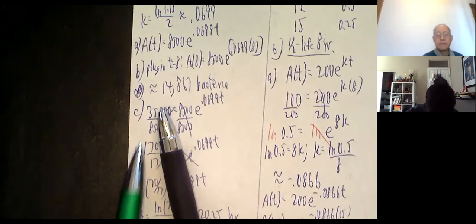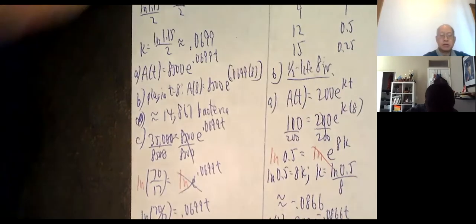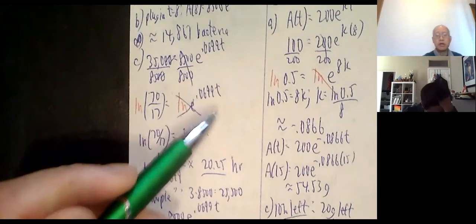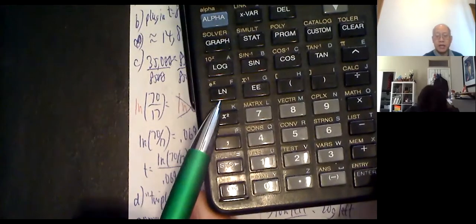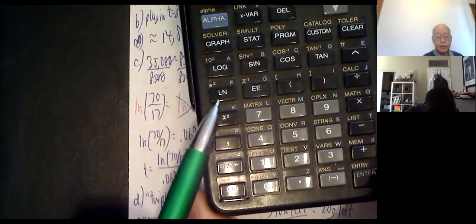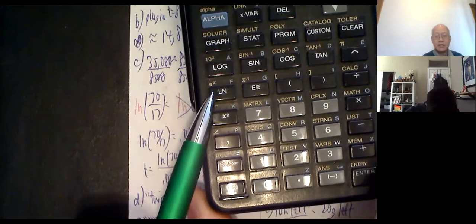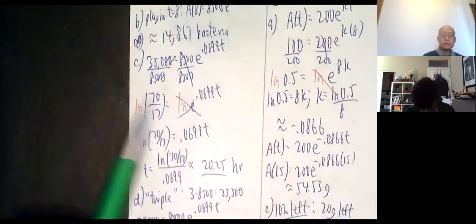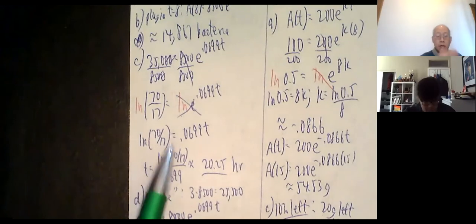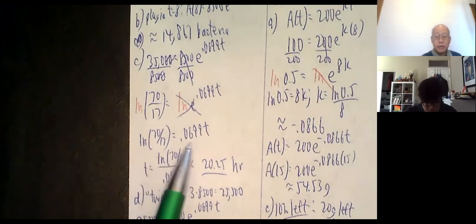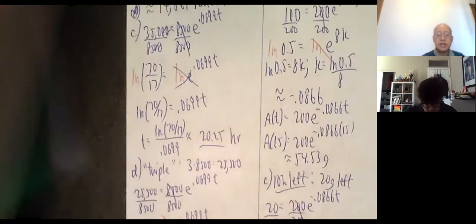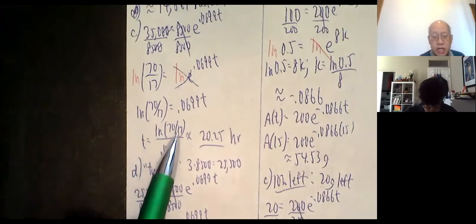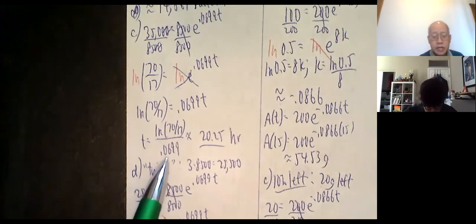To get rid of the e, take ln, natural log, of both sides. So you see a recurring theme quite a bit. Like I said, get comfortable with the ln and the e to the x. You'll be doing it a lot this section. Okay, so divide by 0.0699. So t is ln of 70 over 17 divided by 0.0699.